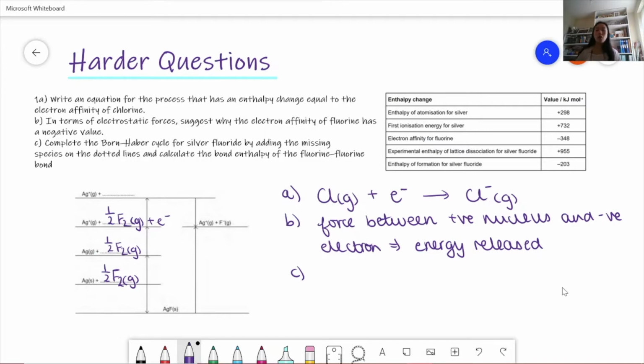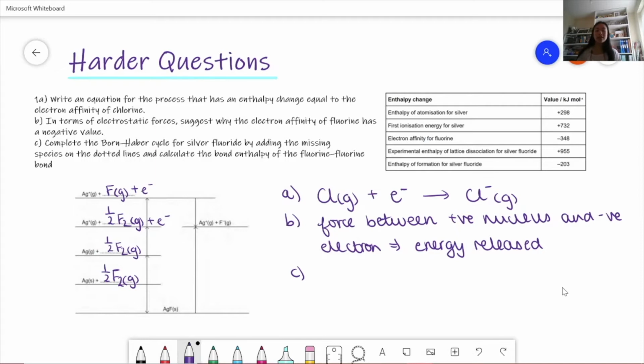And then for the top level, we're going to form 1 mole of fluorine, and we're still going to have that electron because we haven't done anything with it yet. This should work because the next thing that happens is that they take the electron affinity for fluorine, which means they've added that electron to the fluorine to form F- gas. So all of this works.